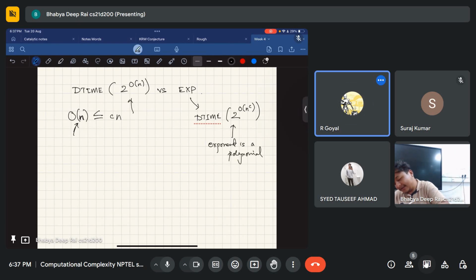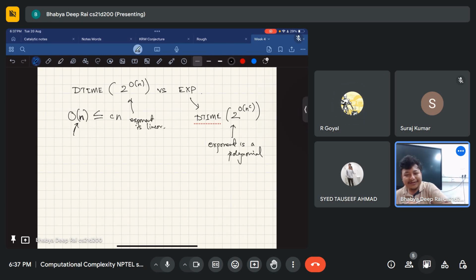Here the exponent is linear. So this is the difference between these two classes. The first one is 2 to the cn, which is like 2 to the 3n, 4n, and so on. The second one is 2 to the n cube, 2 to the n to the 4.